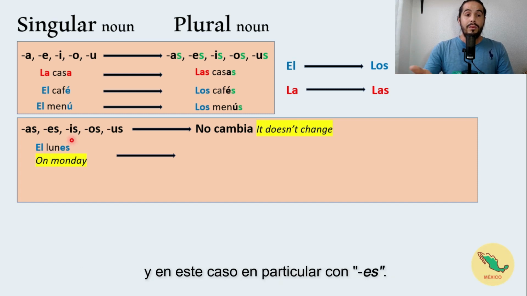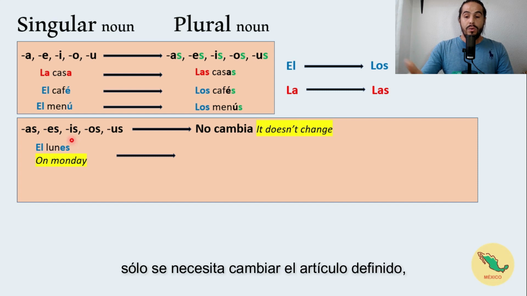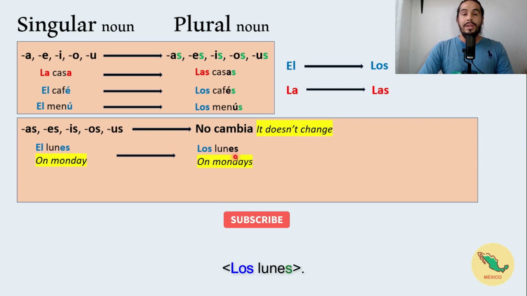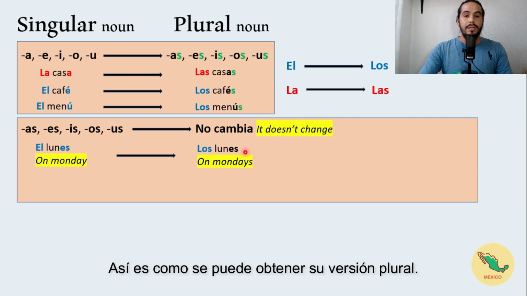So if you want to have its plural form, you only need to change the definite article, and then, instead of having el lunes, you have los lunes. And in this case, you are talking about many Mondays. So this is how you can get their plural version.